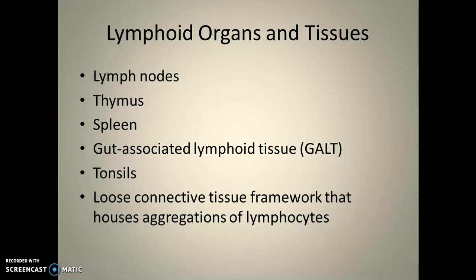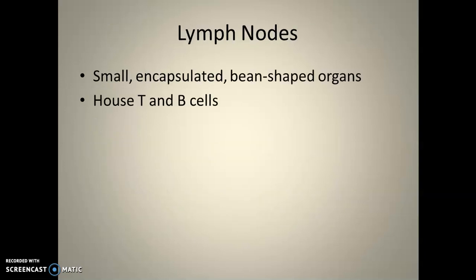All right, some other organs and tissues involved in the immune system, in the lymphatic system, are lymph nodes, like I've said, the thymus, the spleen, the specialized gut-associated lymphoid tissues, your tonsils, and connective tissues between your tissue and the lymphatic system. I guess we kind of talked about that with the reticuloendothelial system too.